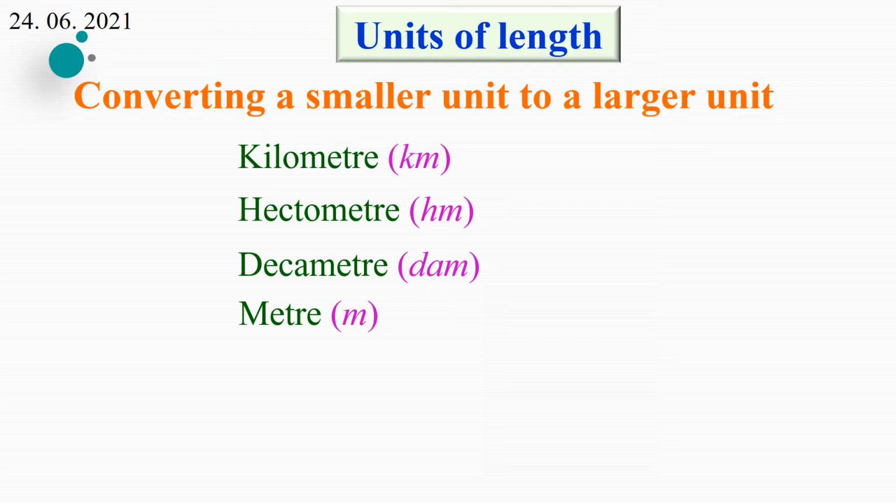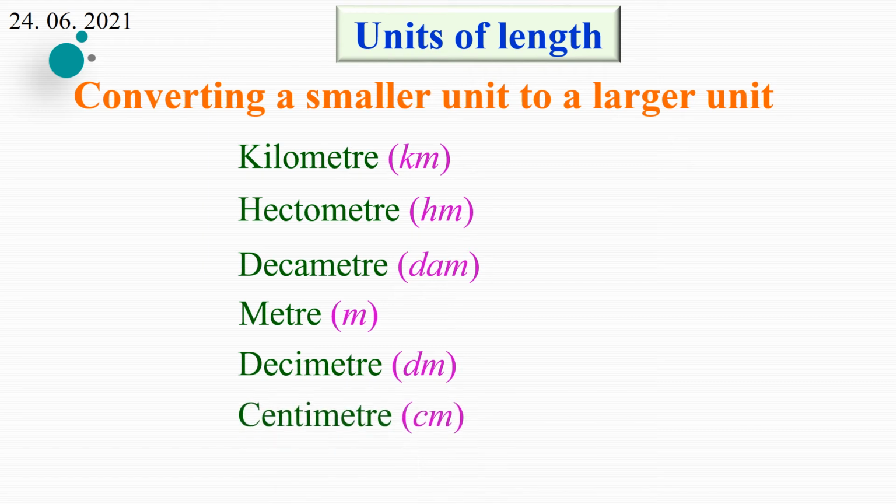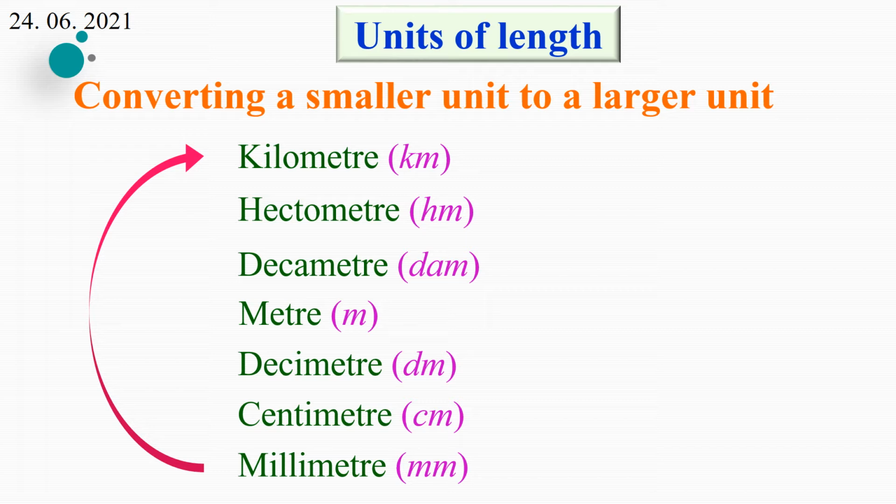The base unit of length is meter. Then decimeter, dm. Then centimeter, cm. And last one is millimeter, mm. The smallest unit is millimeter. While moving from the smallest unit to the largest unit, we will do the division operation.